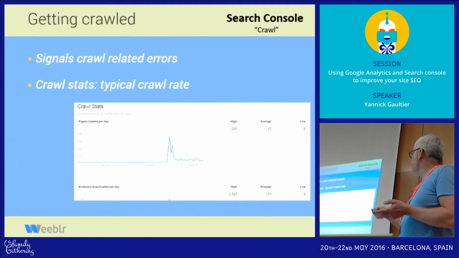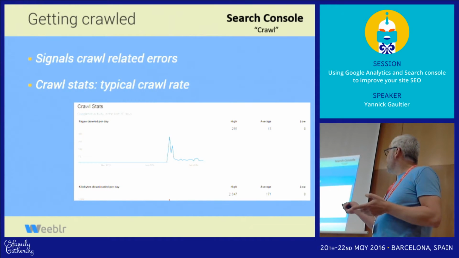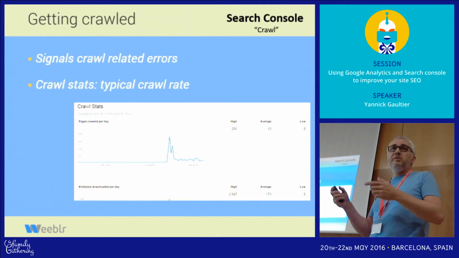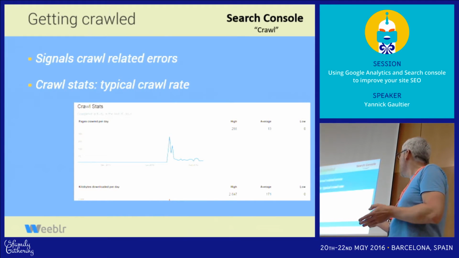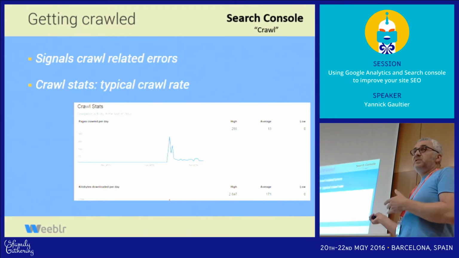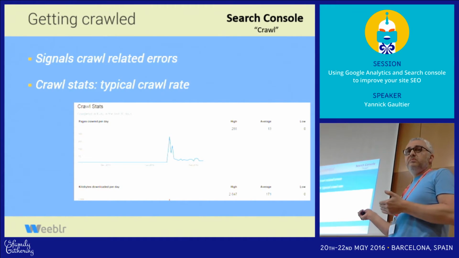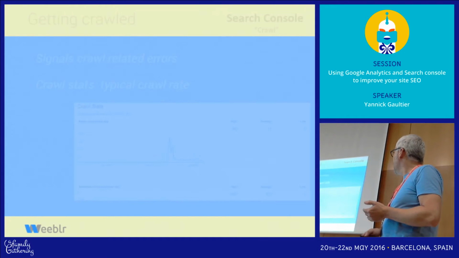The crawl area of the Search Console also gives you the crawl stats, and most notably the crawl rate, how many pages per day you've been crawled. That's where you want to look to see big changes, things that are different.